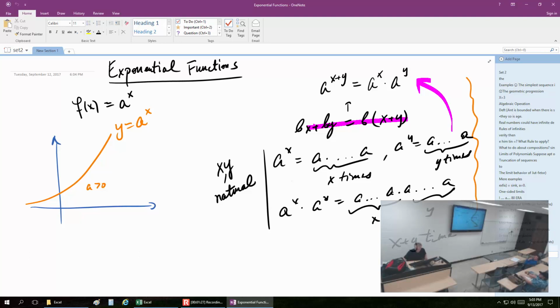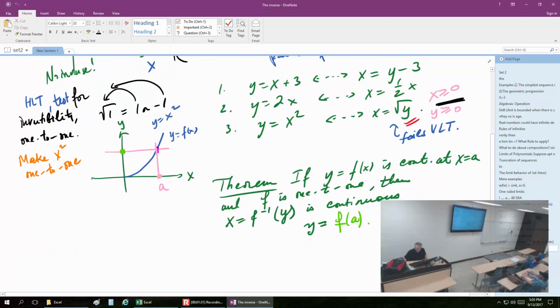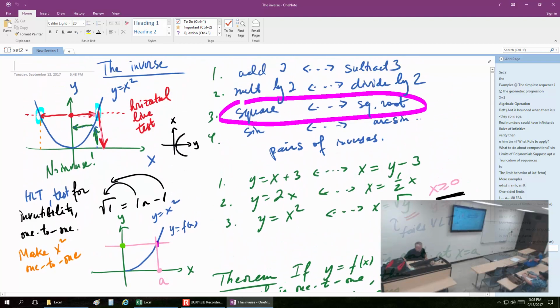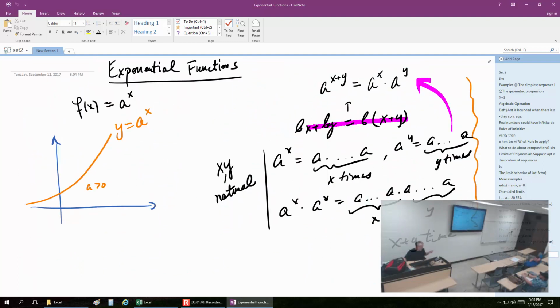At least the two trig functions have inverses, arcsine and arccosine. And then one we did not discuss is the exponential function. What's the inverse of the exponential function? What undoes the effect of the exponential function?